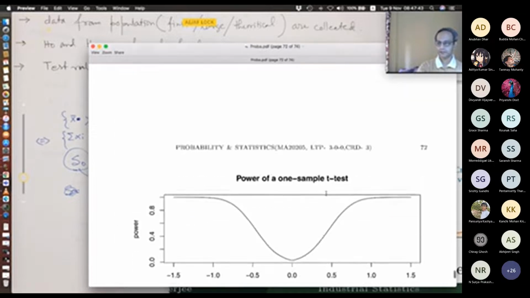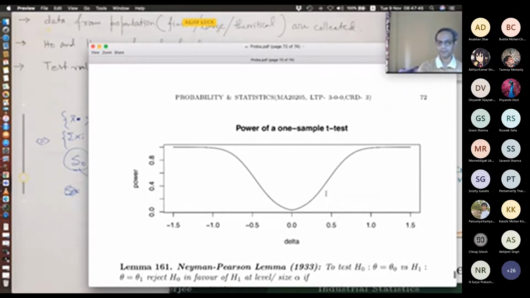So here, this is a typical power curve. For example, I am trying to test that data are coming from a mean 0 population. Assume that they are normally distributed. If the alternative hypothesis is that the mean is not equal to 0, then the typical power curve you will see like this, a U-shape.